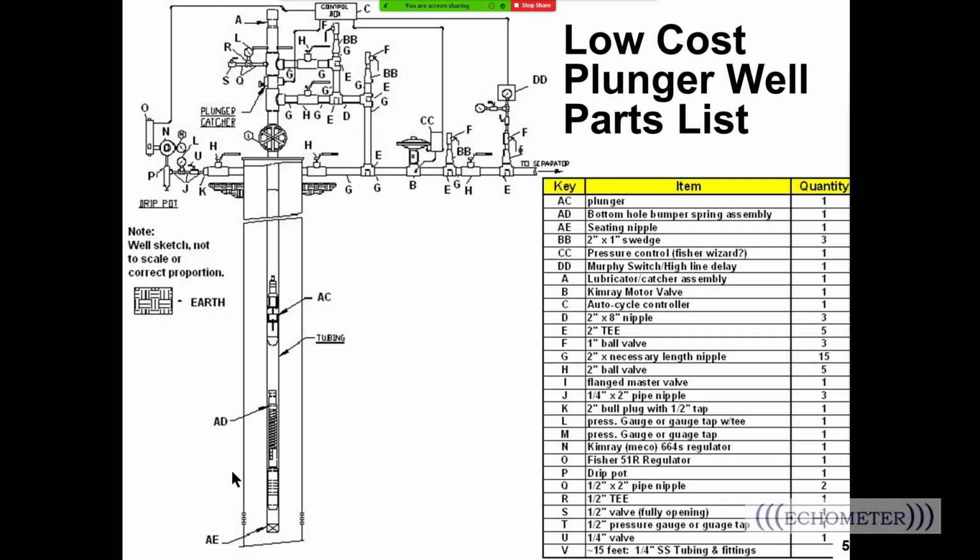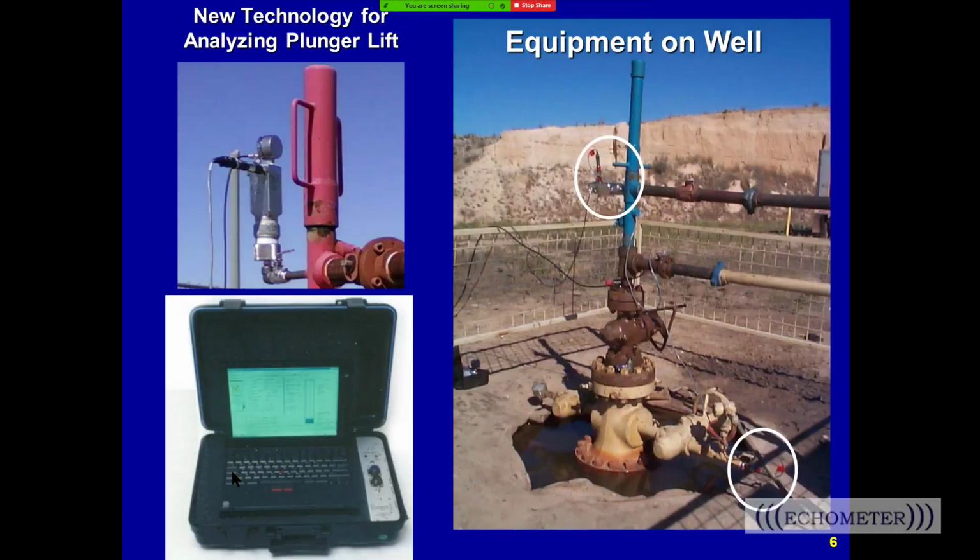It's pretty simple to set up. It's not a heavy piece of equipment you have to move on site. It mainly just needs to be assembled, and then you can set the bumper spring and drop the plunger and follow the plunger down to the bumper spring and see it come back up.